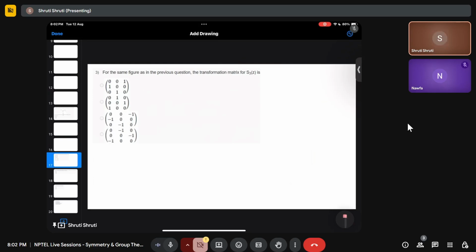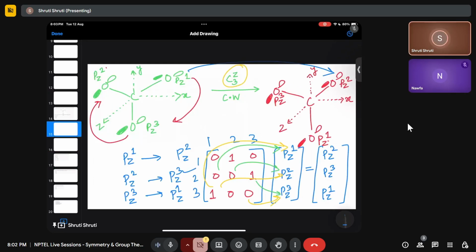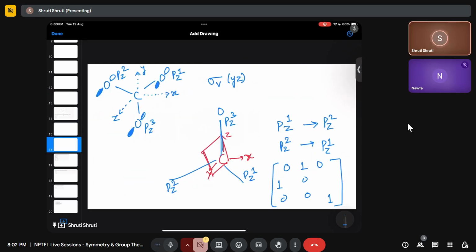Can you find for this S3Z? For S3, you have to do a C3, which you have already got. C3Z, then you do sigma xy. C3 you got in the previous question. What was that? 010 001 100.